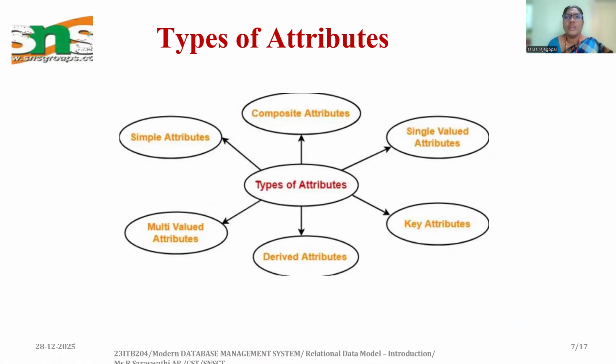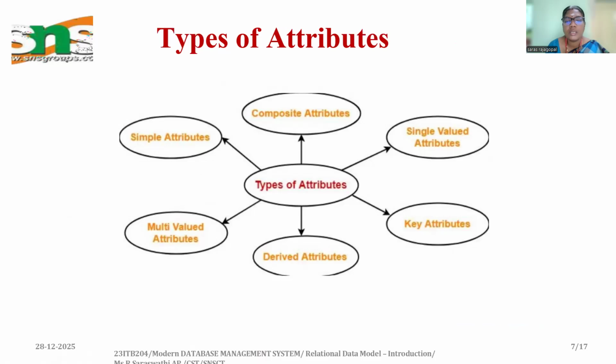For example, age is a composite attribute. A composite attribute is a collection of values from a starting range to an ending range. For a key attribute, each value is unique. That unique value is called a key attribute. It may be a primary key or a foreign key.